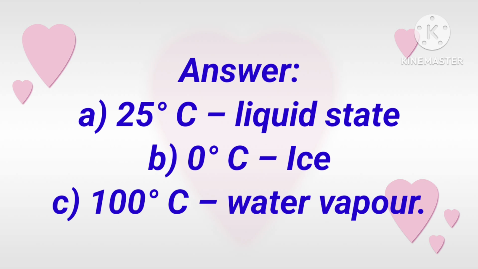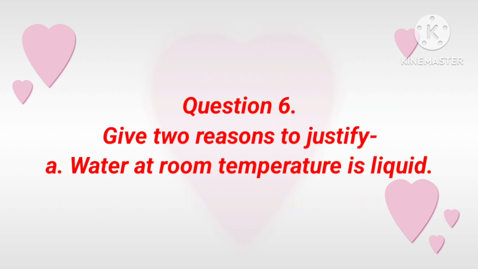When the water reaches a lower temperature, it becomes cool and becomes solid. At 100 degree Celsius it does not stay as it is. It boils, boils very much, and you will get water vapor.